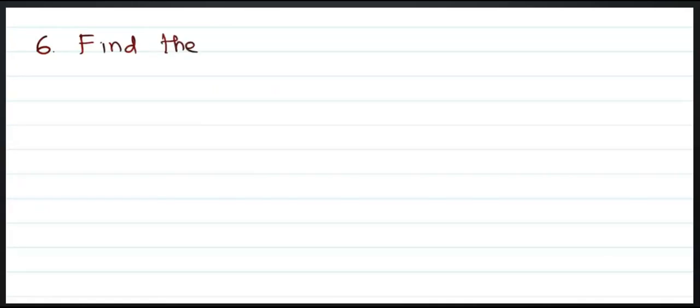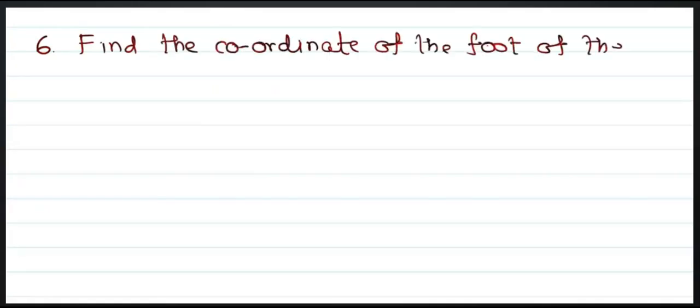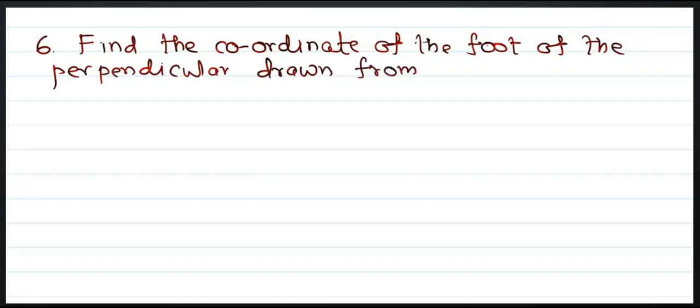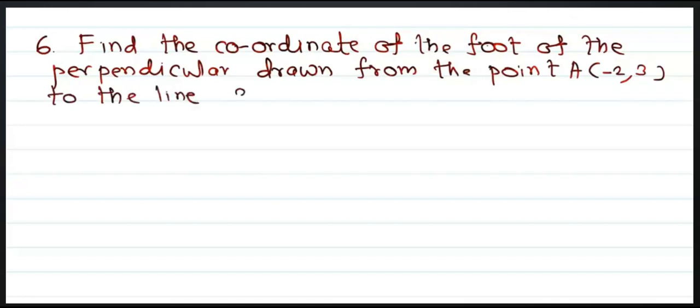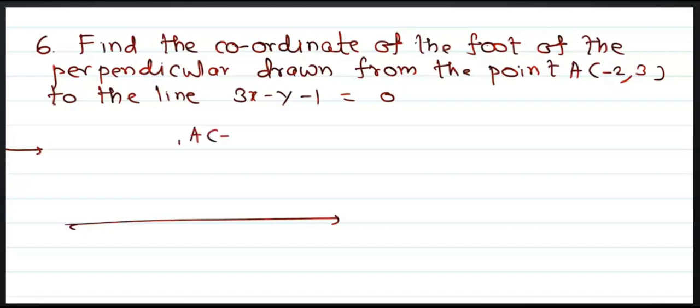The next is question number 6. Find the coordinates of the foot of perpendicular drawn from the point minus 2, 3 to the line 3x minus y minus 1 is equal to 0.